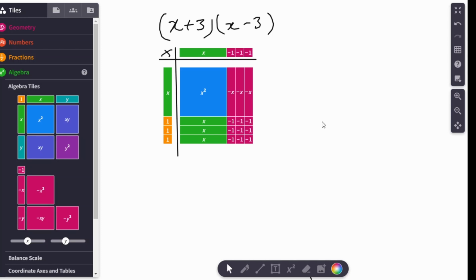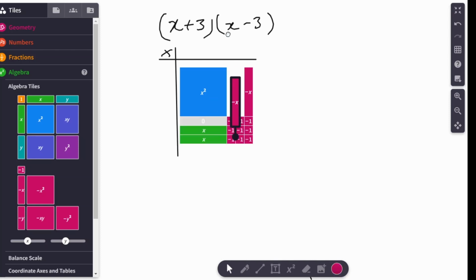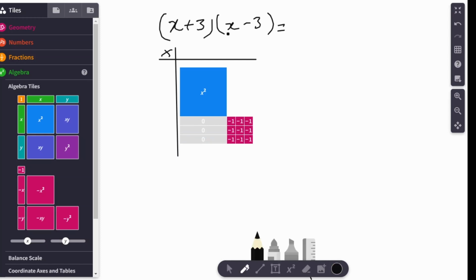So as usual, we have to remove the initial tiles, and then we combine like tiles. These three cancel out, and that's going to give us x squared minus 9. Let's take another example.